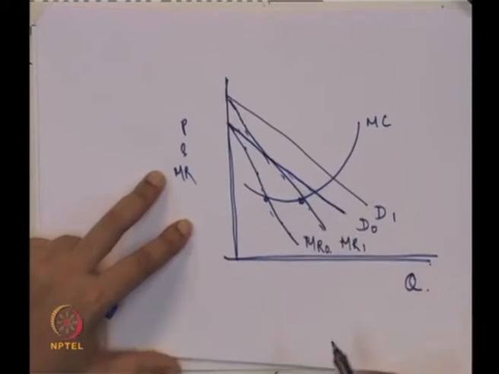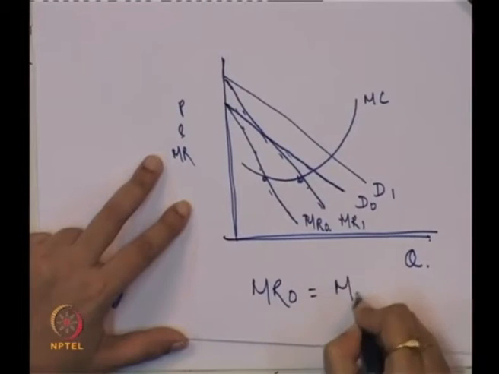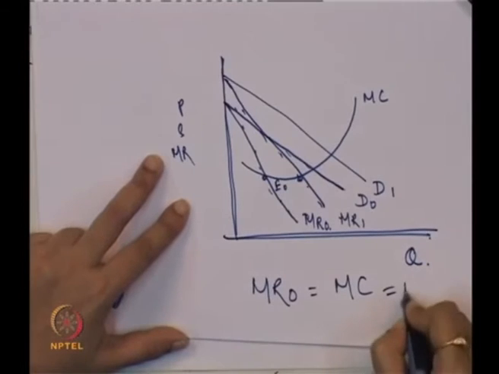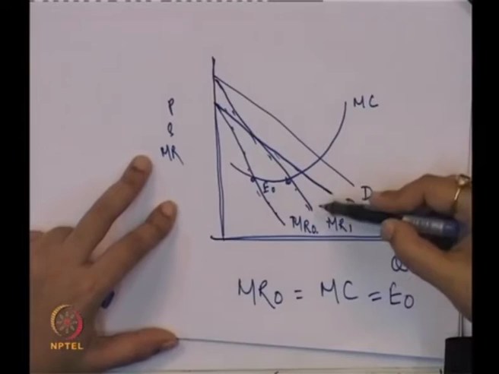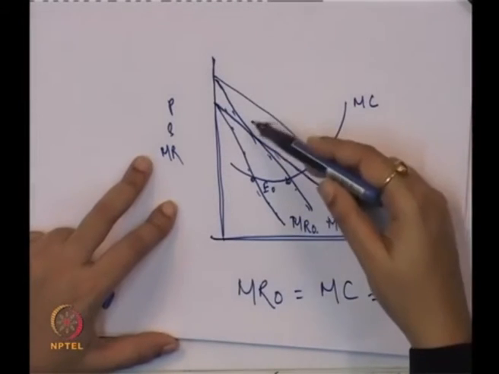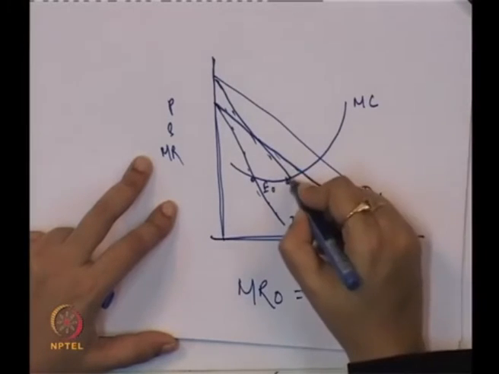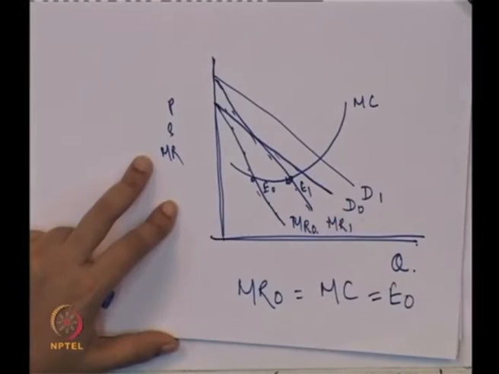The equilibrium point is the equation of marginal revenue and marginal cost, and we get the point E0 as the equilibrium point. The increase in demand takes place from D0 to D1, correspondingly we get a new marginal revenue curve, and at the new point of marginal revenue curve we get the equilibrium point E1.